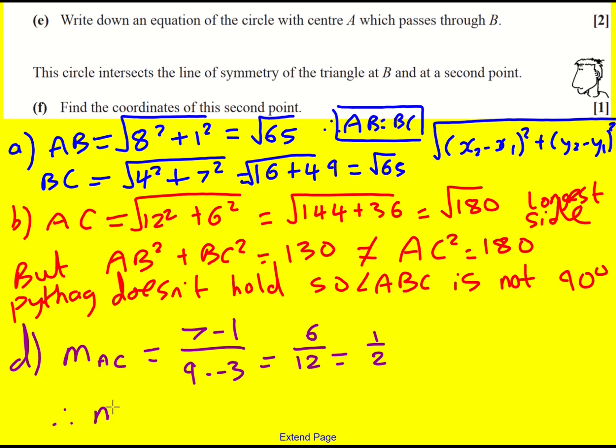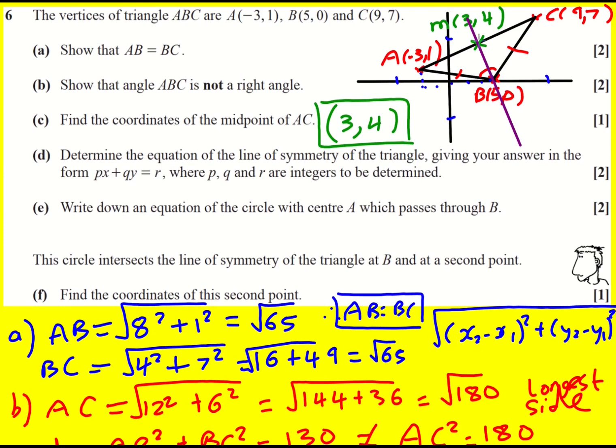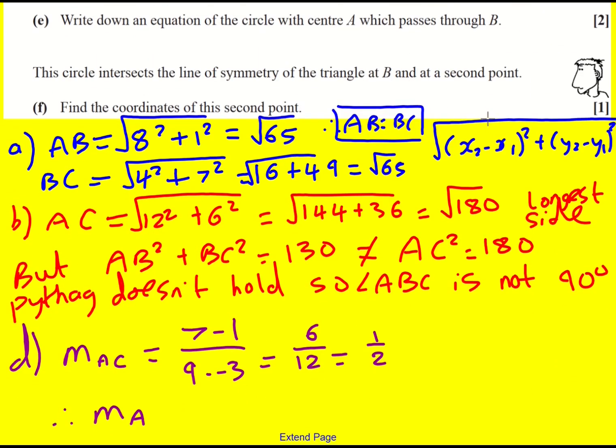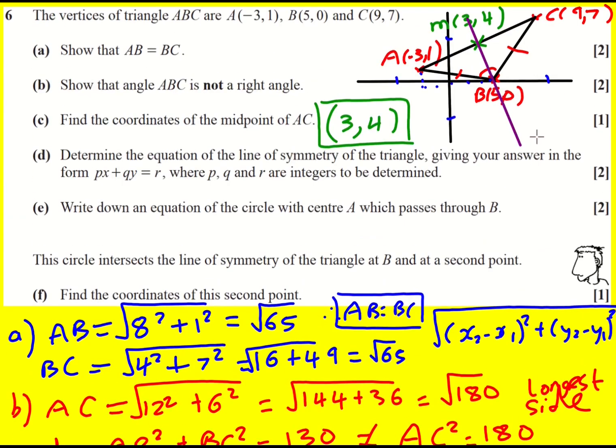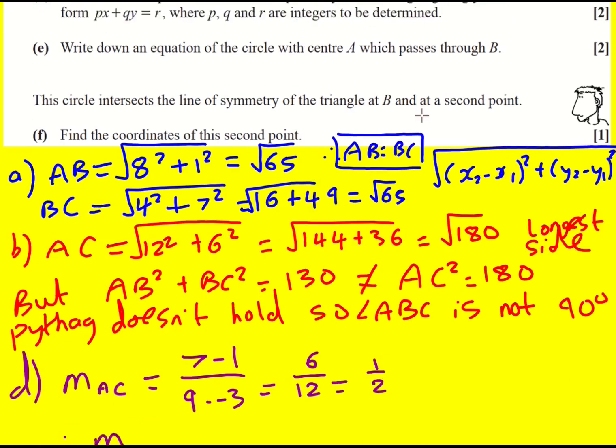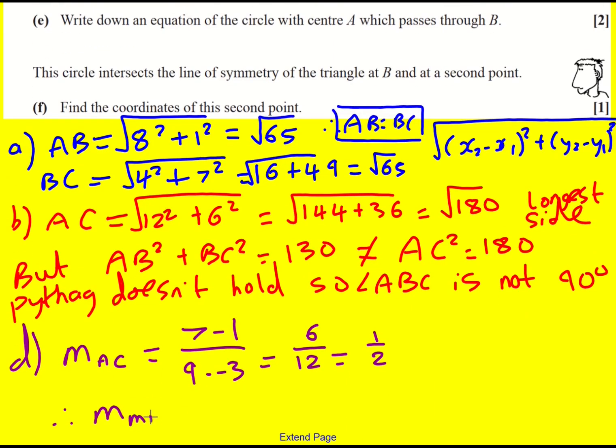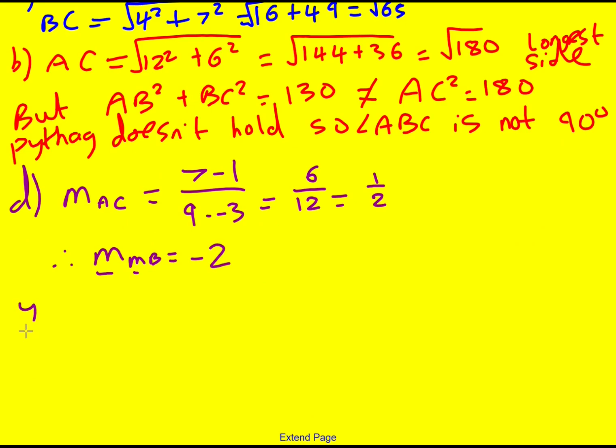And therefore, m of MB, because that's what we're interested in, is going to be a perpendicular line. I should have said that. This is necessarily going to be a right angle. So I've worked out the gradient AC. Now I want the gradient MB. It's just going to be the perpendicular. M for gradient here, M for the point, midpoint here. So minus 2. y minus y1 equals m(x minus x1).